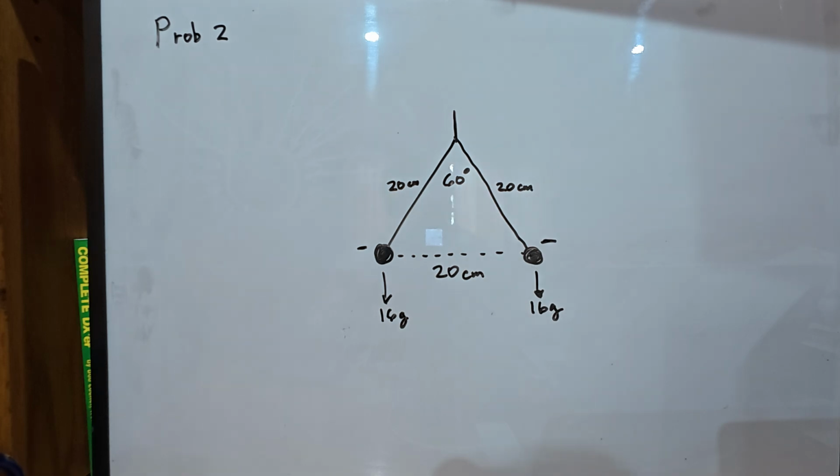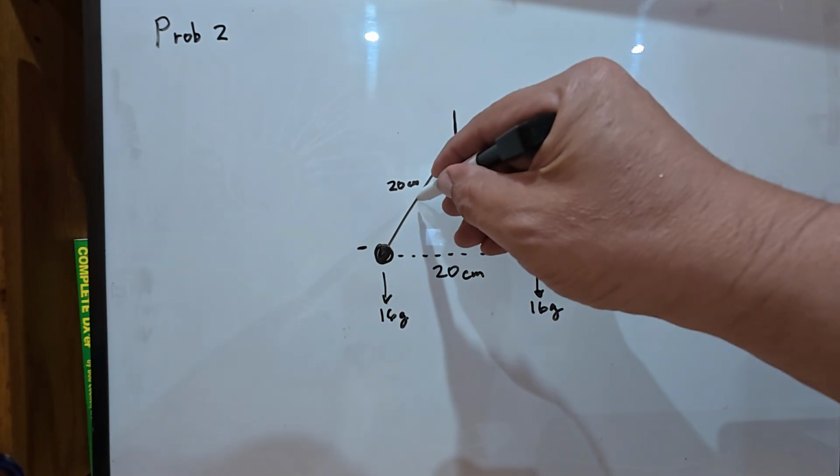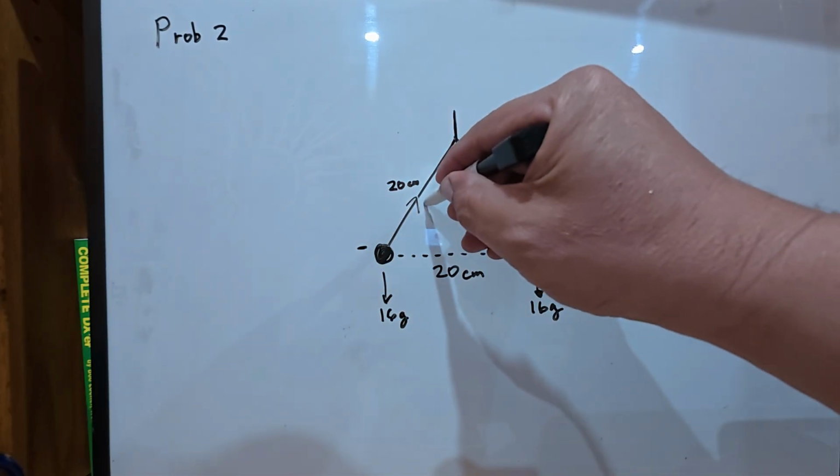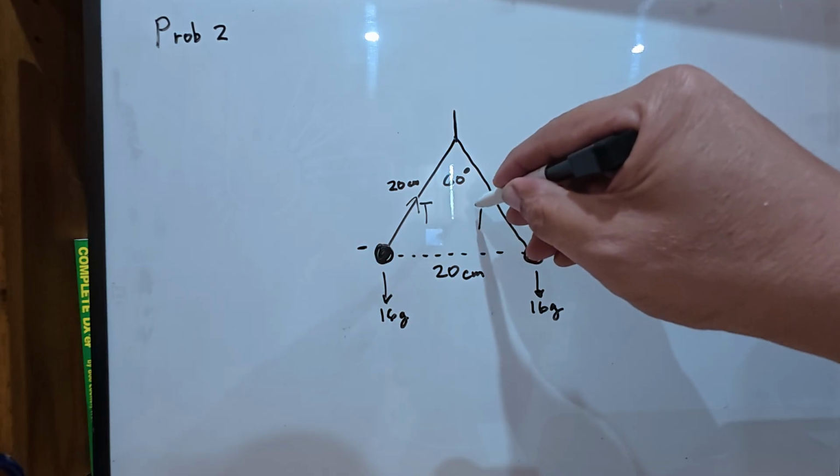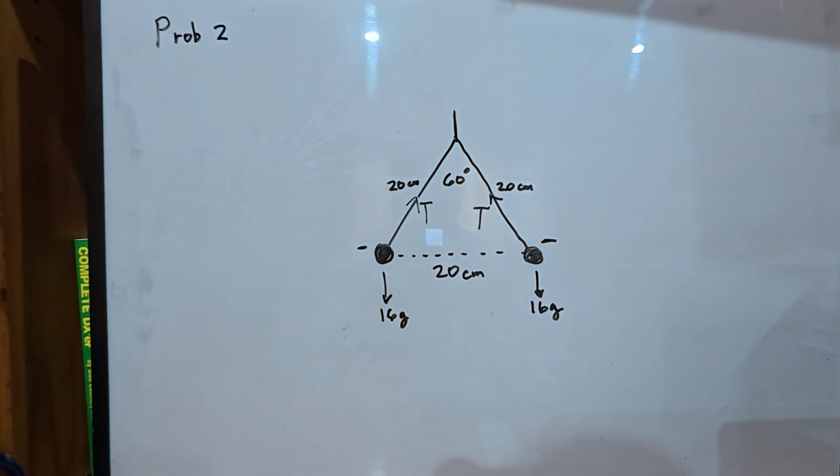And this is a combined Newtonian mechanics problem and an electrostatics problem, because there's going to be tension in this string, they call it T, and there's going to be tension T here, and those tensions are going to be equal.